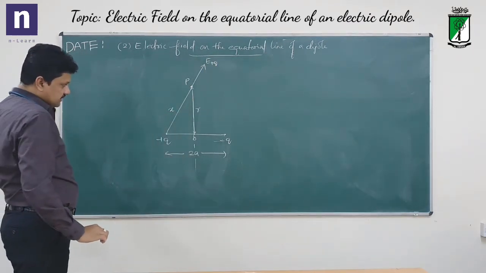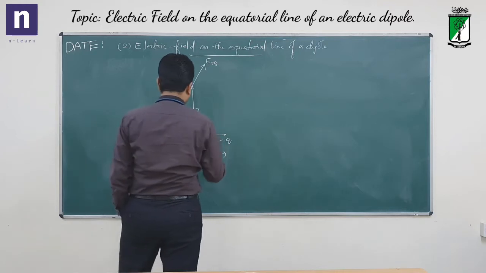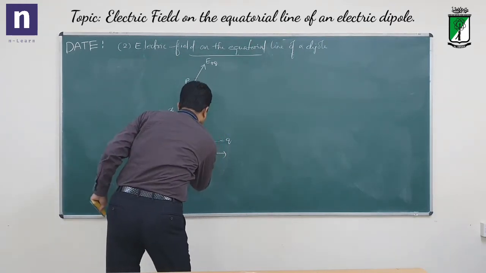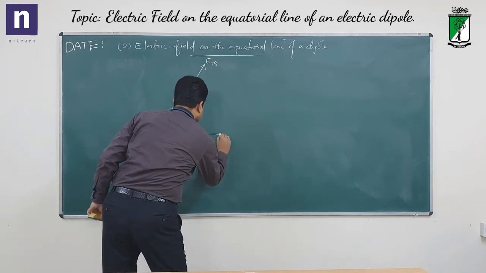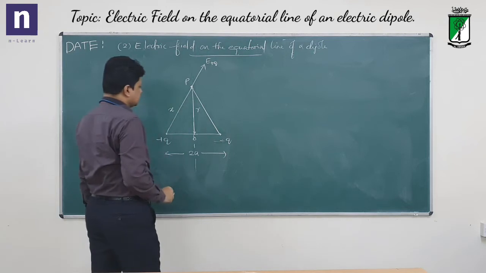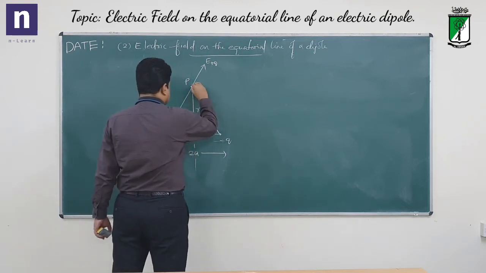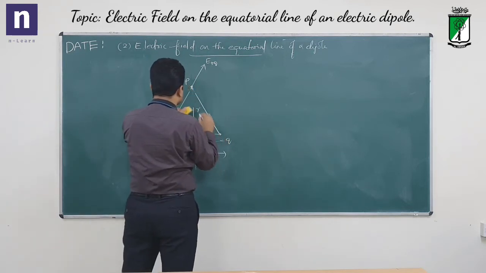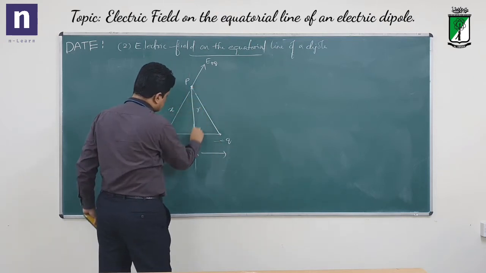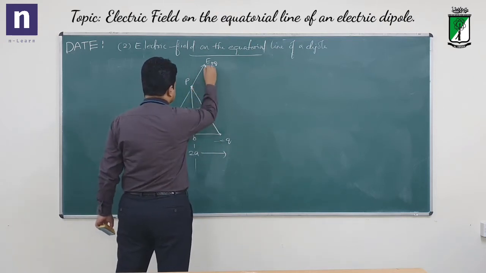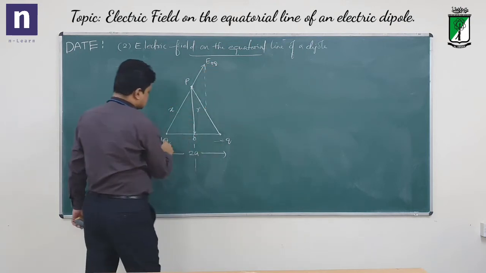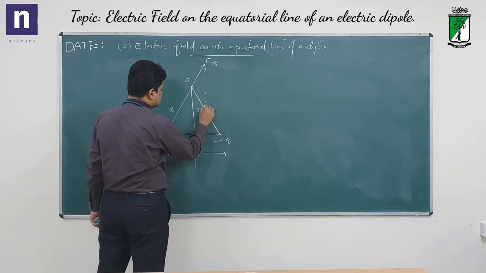Now same way, what is the electric field at point P due to minus Q? Due to minus Q, this is the line joining, and the electric field is the same in magnitude as E plus Q, because both are identical charges in magnitude.